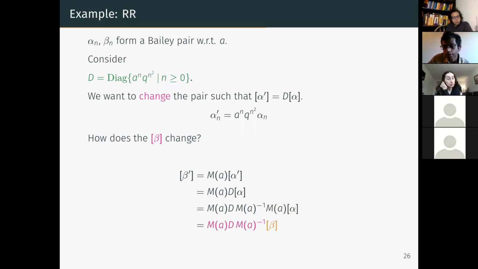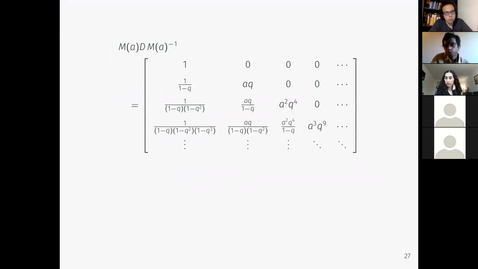So I just have to figure out if there is a good formula for this. Again, I'm going to look at Maple, and it shows you this matrix. There is a very obvious formula here. If you run down the columns, you see the power of a increasing, the power of q just taking squares, and Pochhammers coming in. There is obviously a formula for this. That's the simple formula.